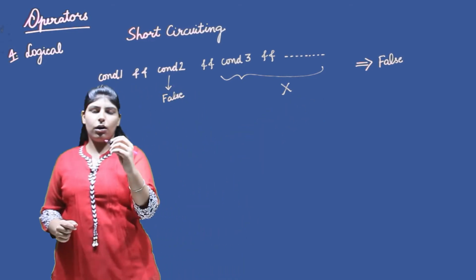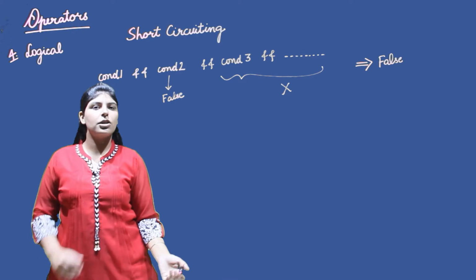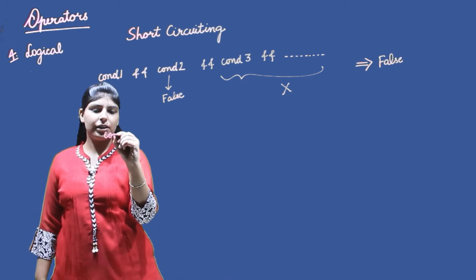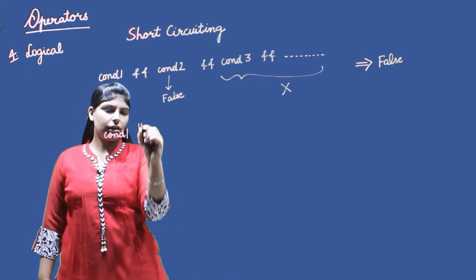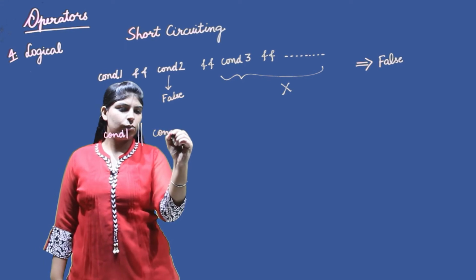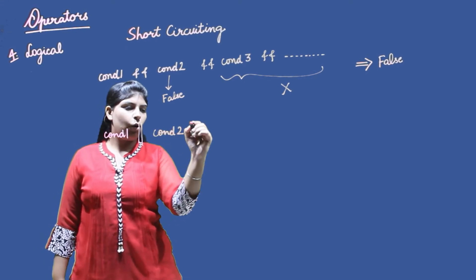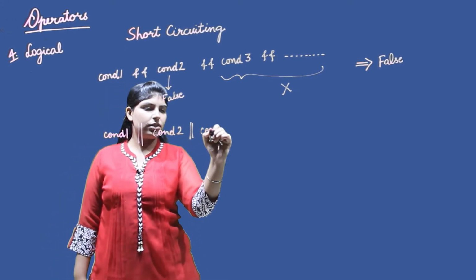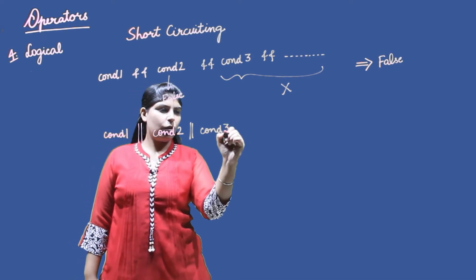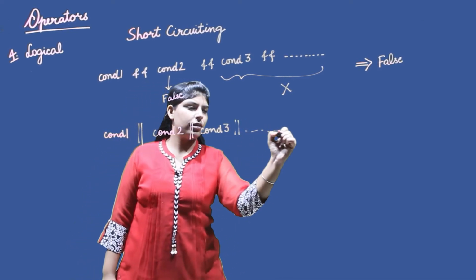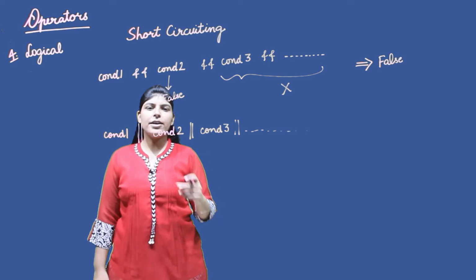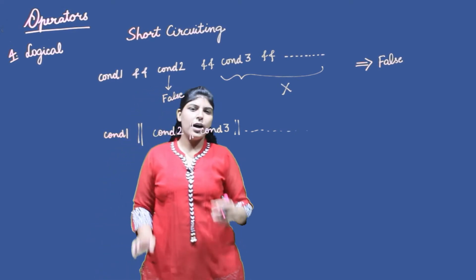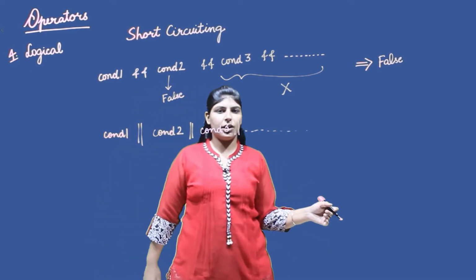Similarly, I have an expression involving logical OR operators. So if I have condition 1 or condition 2 or condition 3 or and so on. In this case, whenever any condition becomes true, I need not evaluate the further conditions.